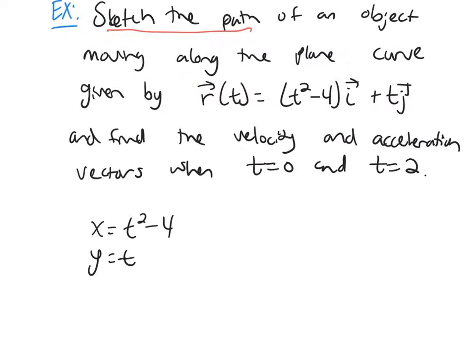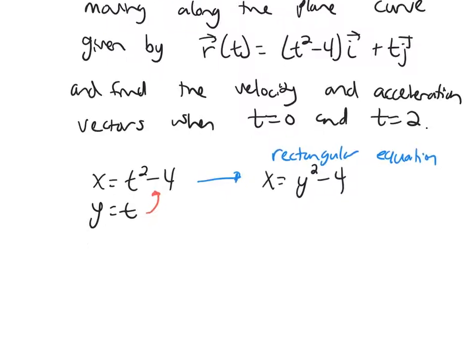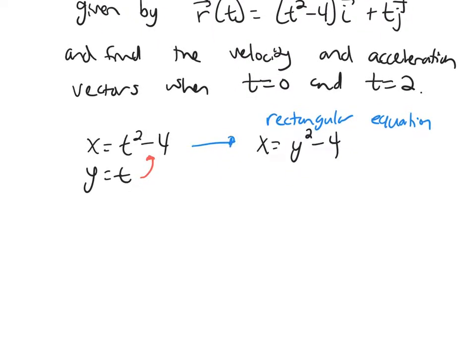What I can do is plug my second equation into my first one to produce the equation x equals y squared minus 4. This is a rectangular equation, and it's the equation of a sideways facing parabola. So I can sketch this curve here.